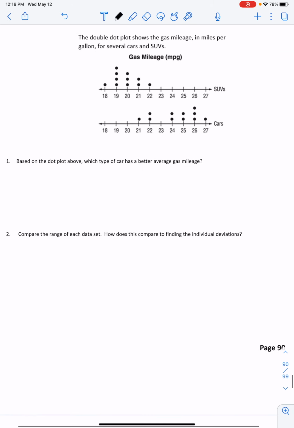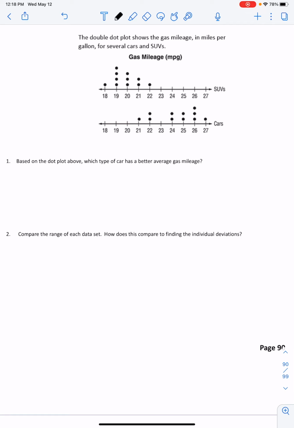Here it says that the double dot plot shows the gas mileage in miles per gallon for several cars and SUVs. Based on the dot plot above, which type of car has a better average gas mileage?